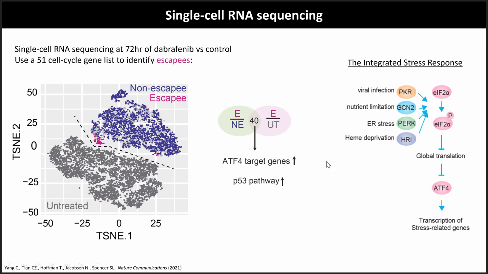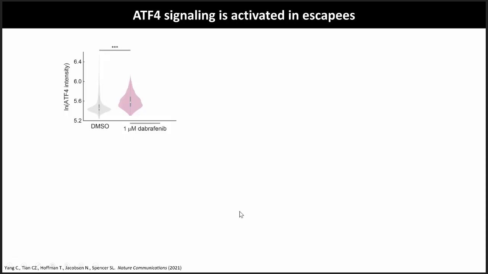So what we first wanted to check is whether indeed ATF4 protein is now induced by drug. And indeed it is. Here you can see in pink relative to DMSO. And furthermore, when we split this violin into SKPs in orange and non-SKPs in blue, we see an even more significant upregulation of ATF4 in SKPs.